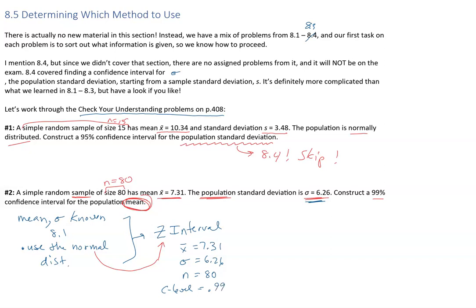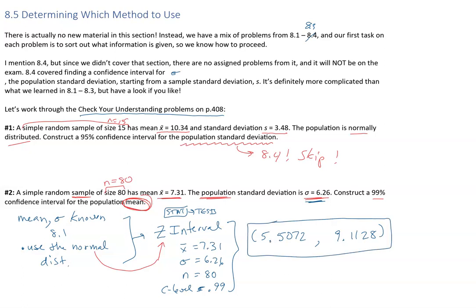I'm going to continue writing decimals, though we did discover that it can be a whole number, interestingly. And remember, that's in the stat button tests area. All right, and I get my interval of 5.5072 and 9.1128. And since there's no context to this problem, I'm not going to worry about the interpretation part.